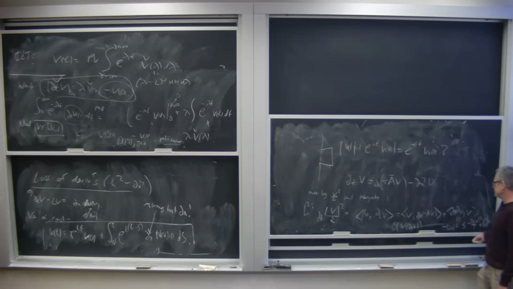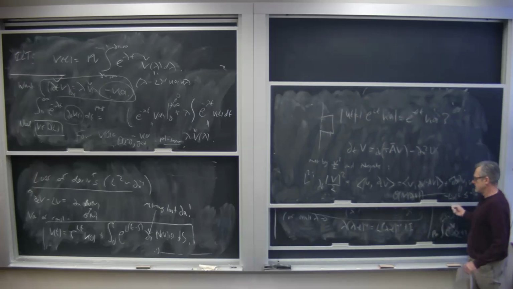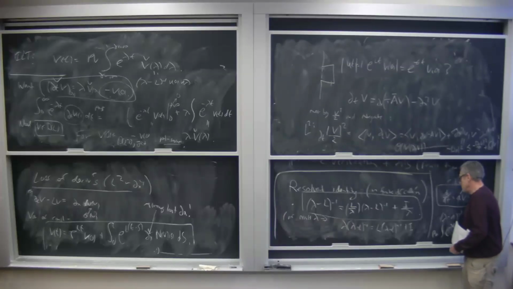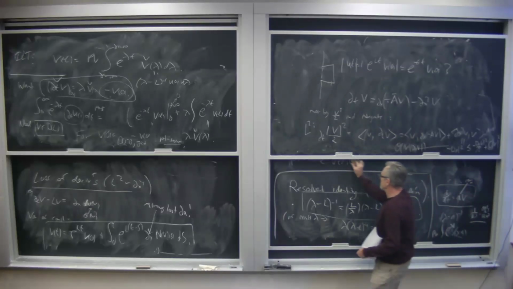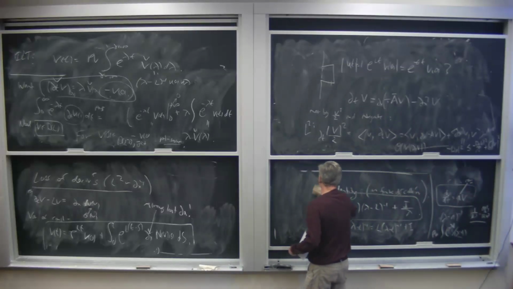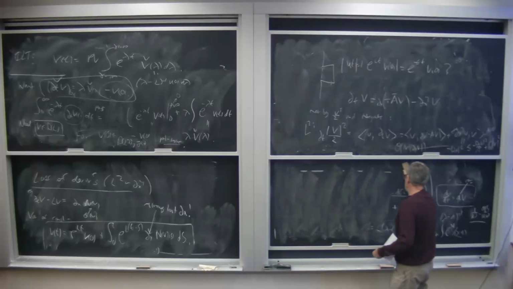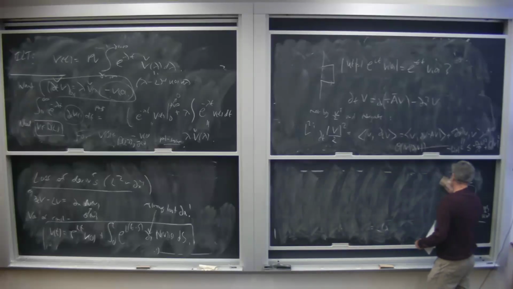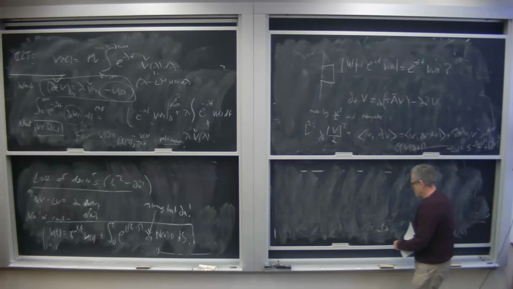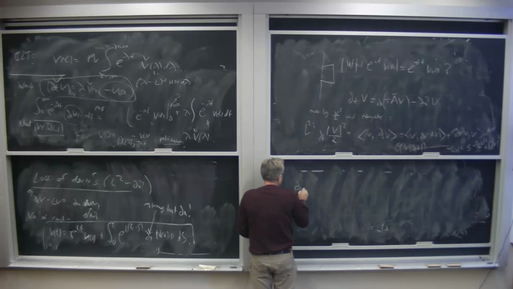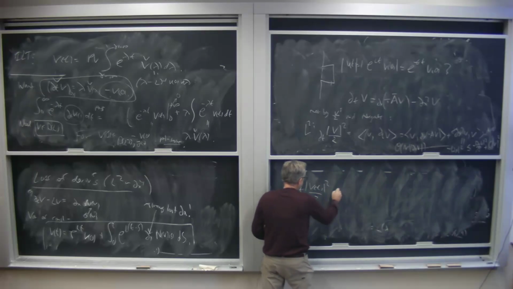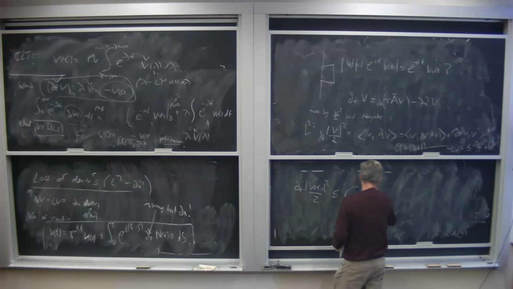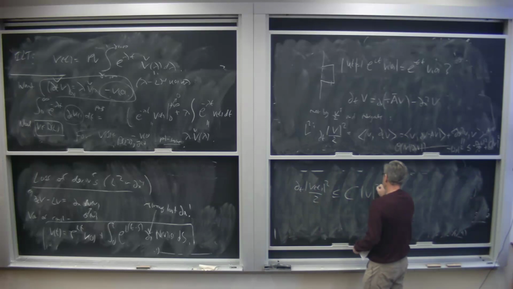So this gives me, now I just drop this term, and I have a nice growth bound in the norm. I have that dt of the norm of v of t squared over 2 is less than or equal to a big constant times the L2 norm of v squared.